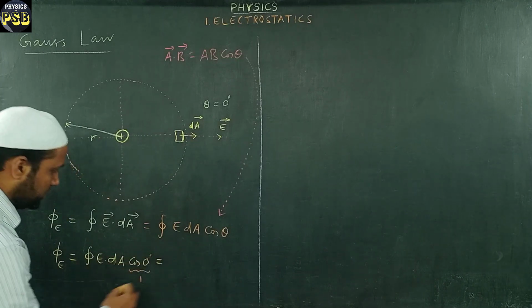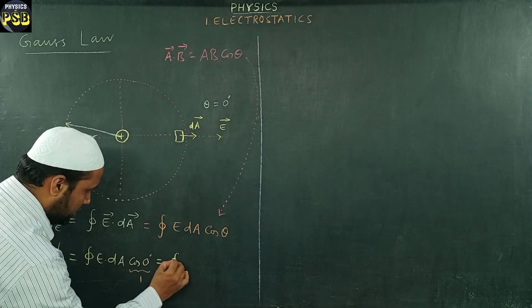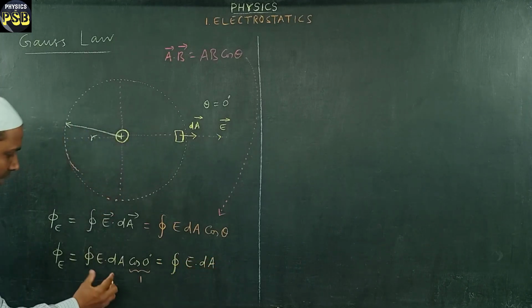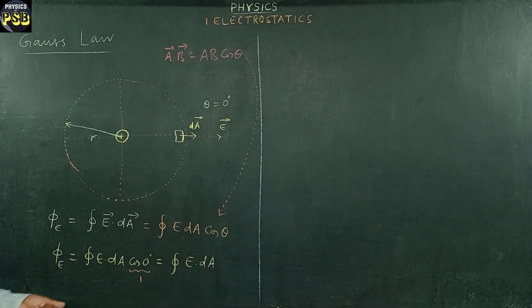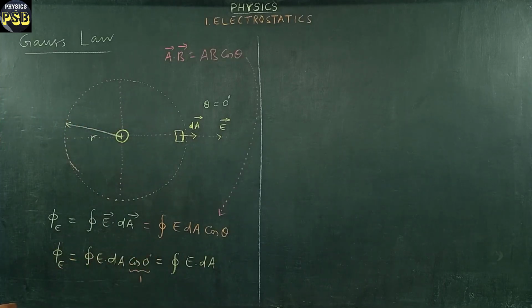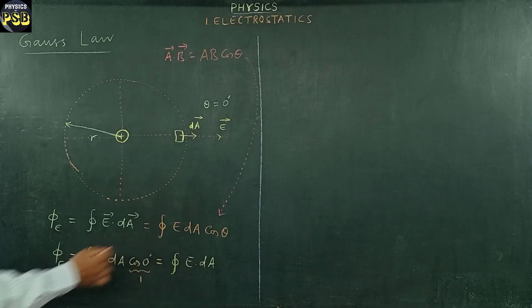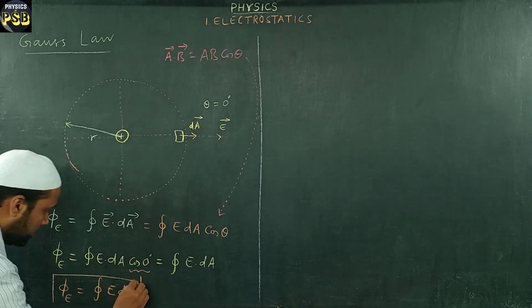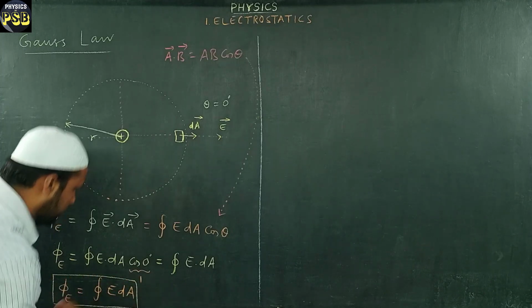So this equation becomes closed integral of E dA. When I multiply this with 1, no change will occur. It remains this way. So the final equation that I get is phi E is equal to closed integral of E dA. I box this, then I go ahead.